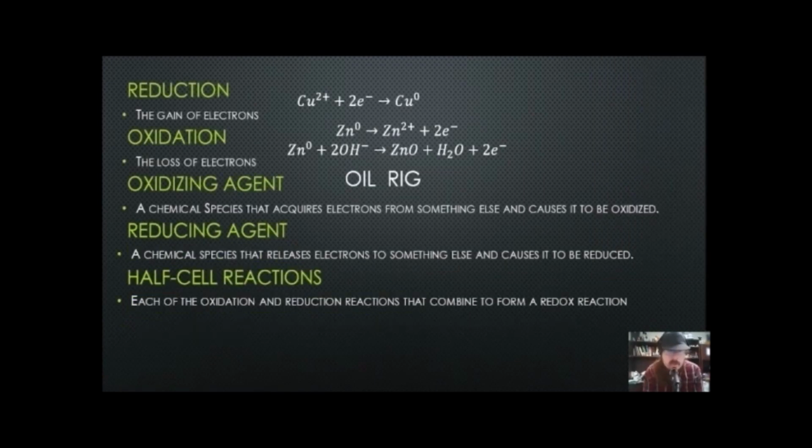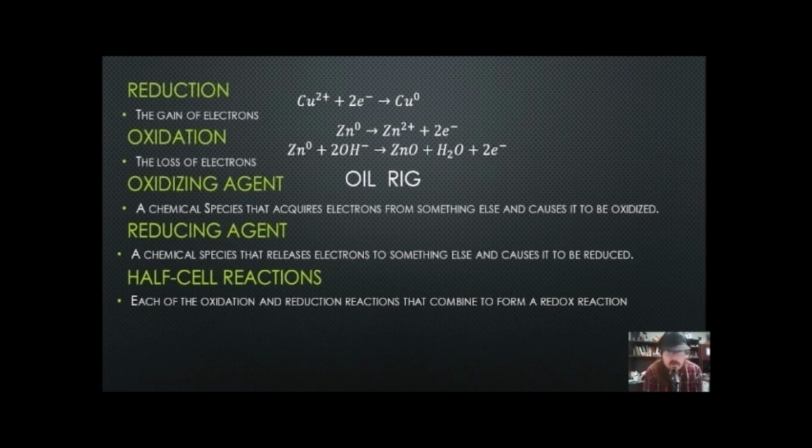What exactly does redox mean? Redox refers to reduction, which is the gain of electrons, and oxidation, which is the loss of electrons. Now, copper 2+ is gaining 2 electrons. Its charge is being reduced. It's going from +2 to 0. Oxidation is the process of losing electrons.